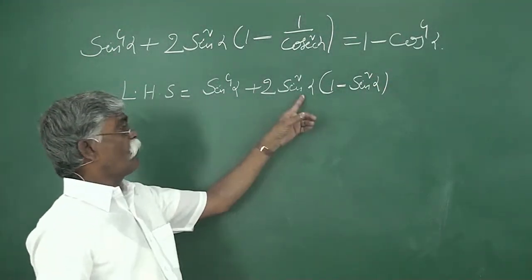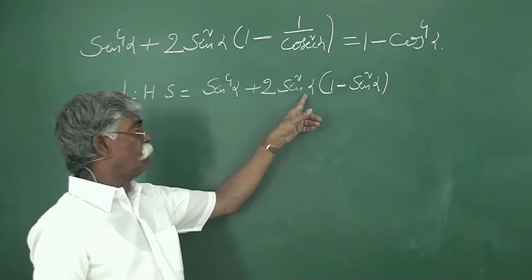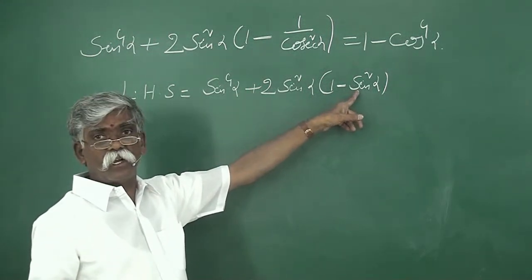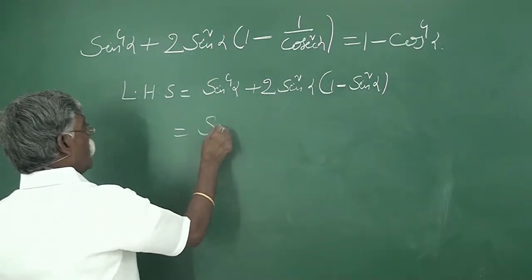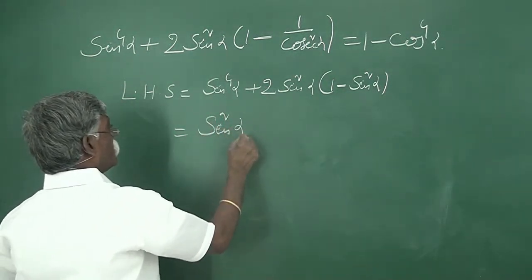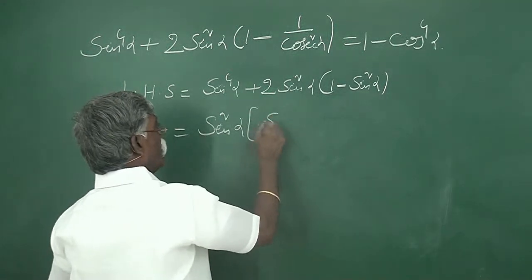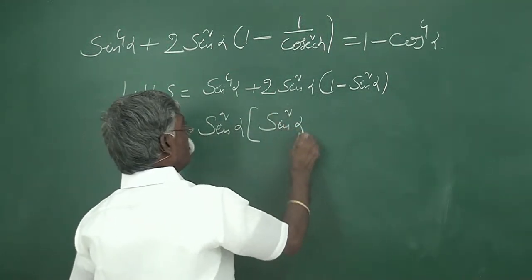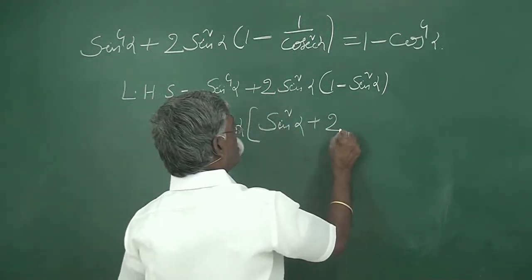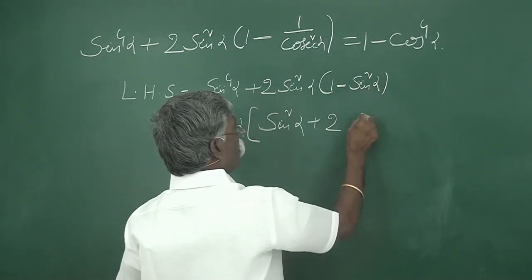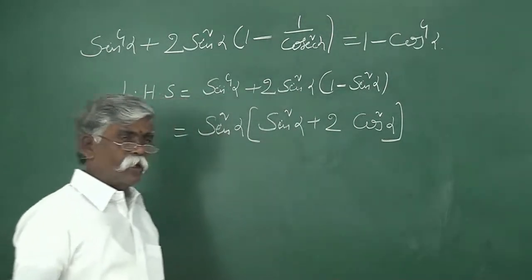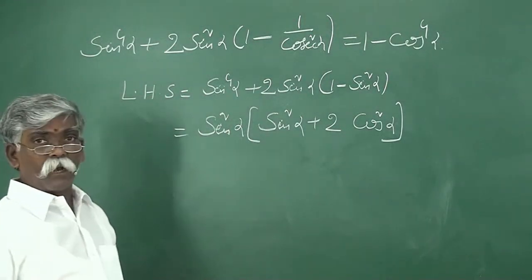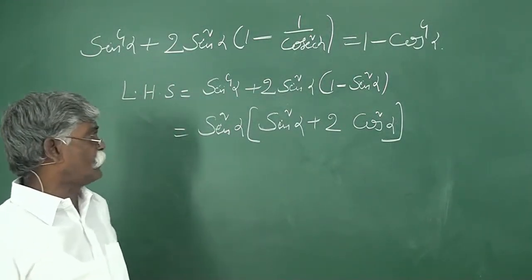Now sine square alpha can be taken as common factor and 1 minus sine square alpha is cos square alpha. That sine square alpha is taken as common. Here sine square alpha is left. Here it is 2 into 1 minus sine square alpha is cos square alpha. Now the answer is expressed completely in terms of cosines.